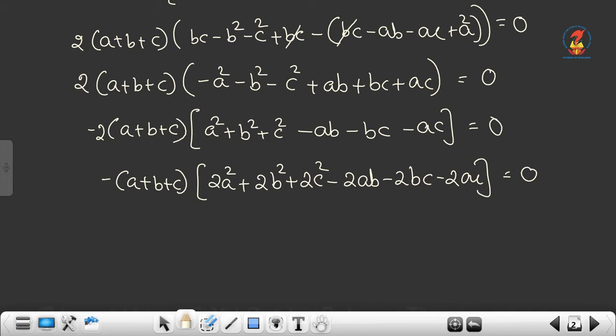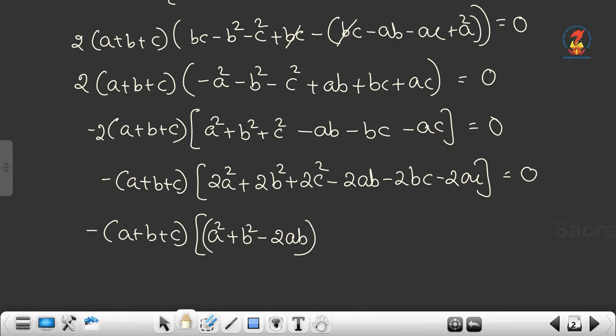Then we rearrange that bracket: 2A square means A square plus A square. So 1 A square I write here, then 1 B square, then this minus 2AB.